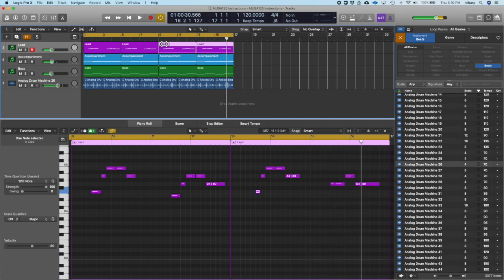That's all it takes. Or I could do something simple like this. Get rid of the phrase in the last one right here. There's an empty space now. That's going to be a great place to put a riser in.